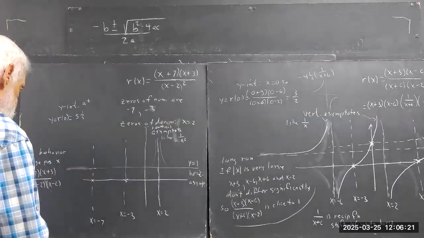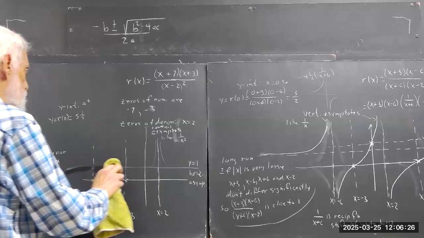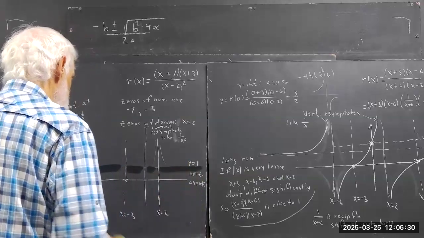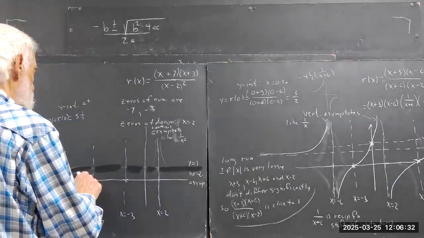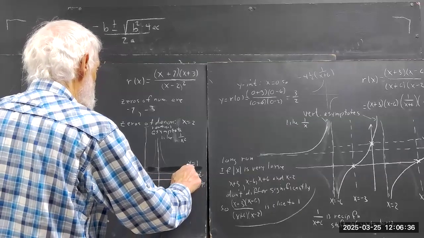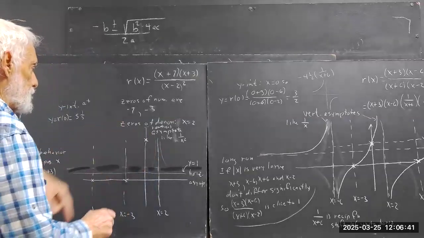I'm going to fudge a little bit. I can fudge my scale, but I don't like to do that. I'm just going to make my horizontal axis a little lower so that my y-intercept is about 5 times that high.